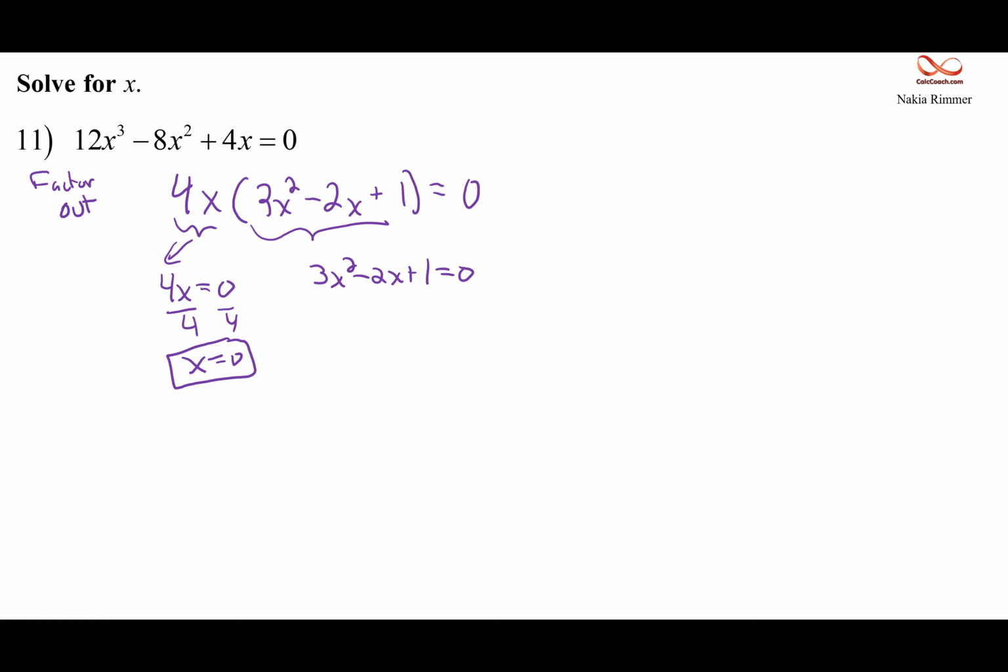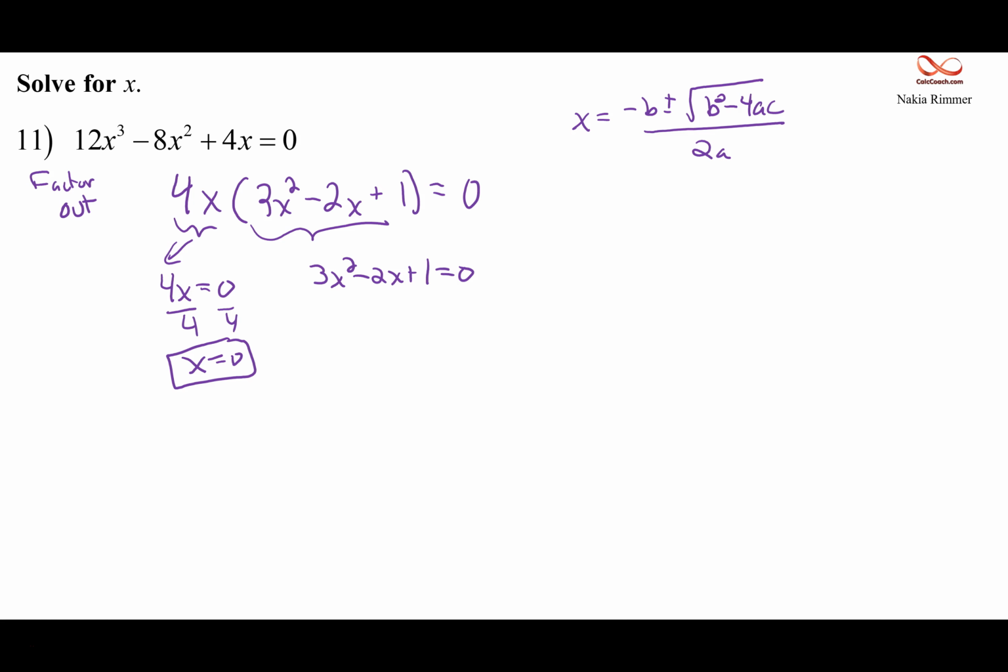We're going to solve it using the quadratic formula. What we're going to have is the opposite of b plus or minus the square root of b squared minus 4ac all divided by 2a.